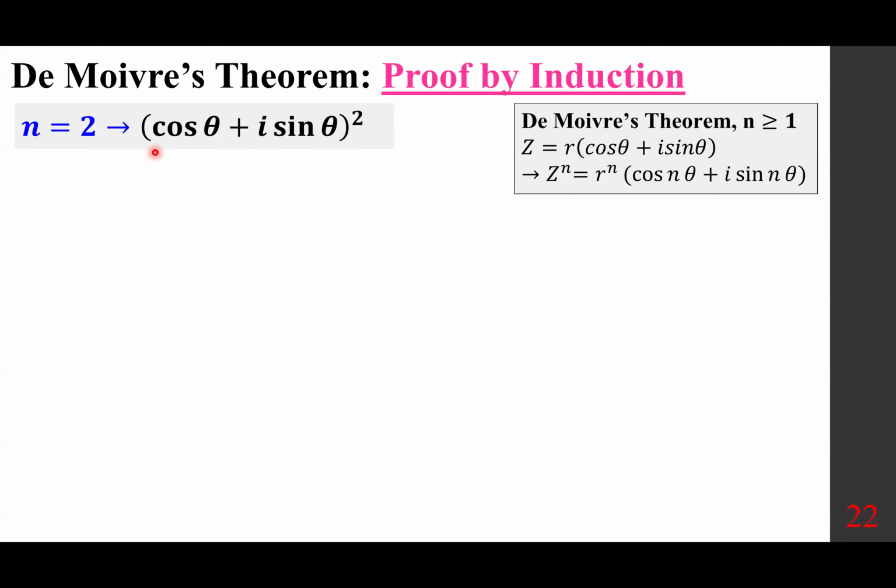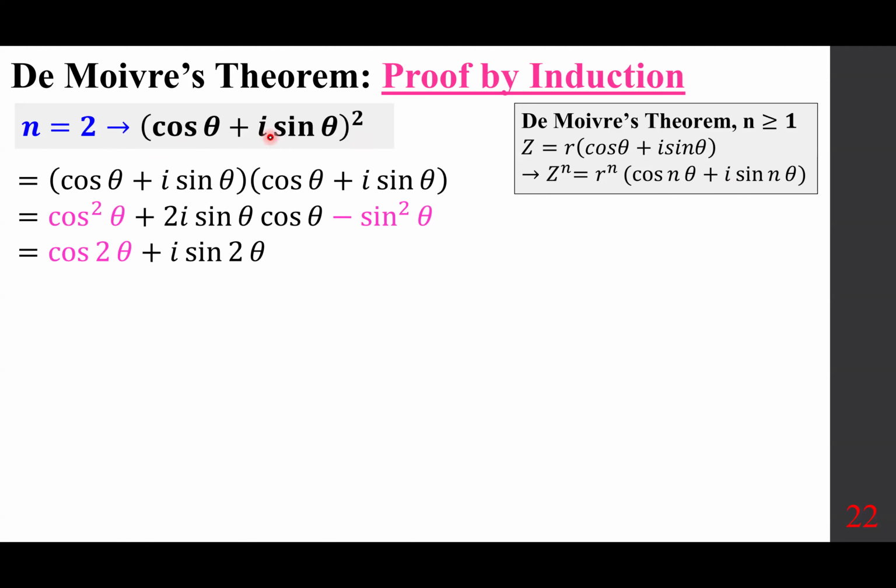So if I want to raise this to the power of 2, I'm going to multiply it by itself. So this is cosine squared theta plus 2i sine theta cosine theta minus sine squared theta.